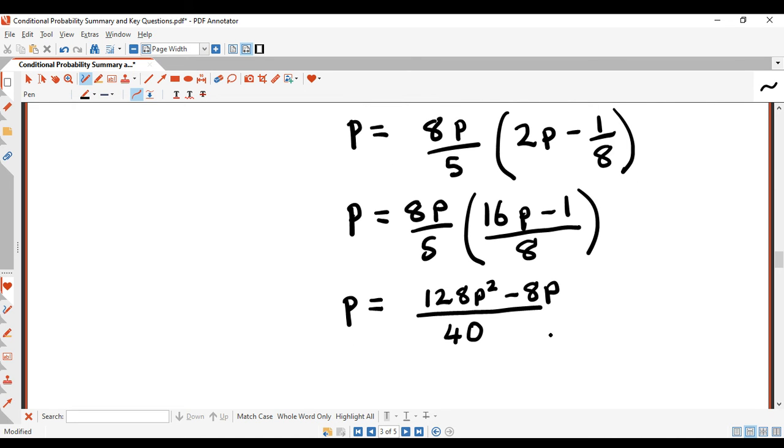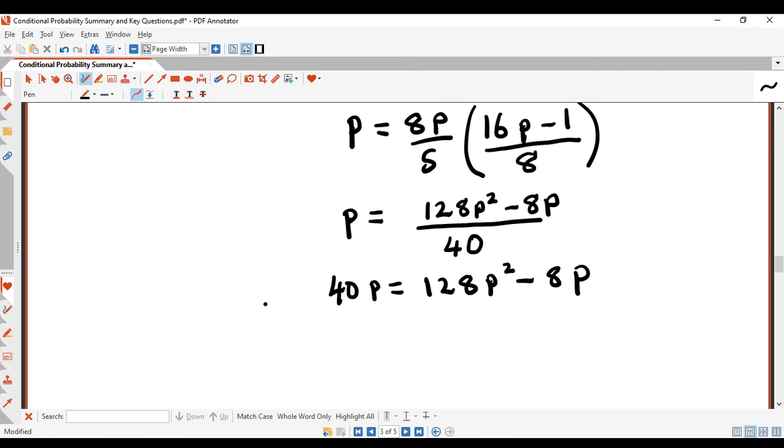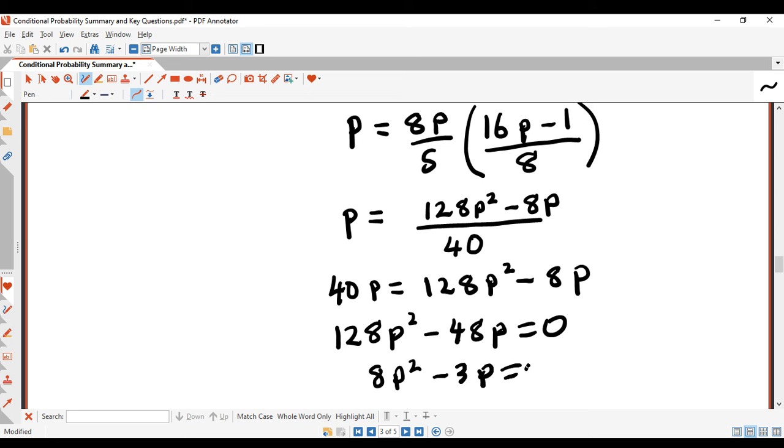Okay, now we're going to multiply everything by 40, so you're going to get 40p is equal to 128p squared minus 8p. Okay, so that's going to give us 128p squared minus 48p is equal to 0. If we divide through by 16, that should simplify to 8p squared minus 3p equal to 0.